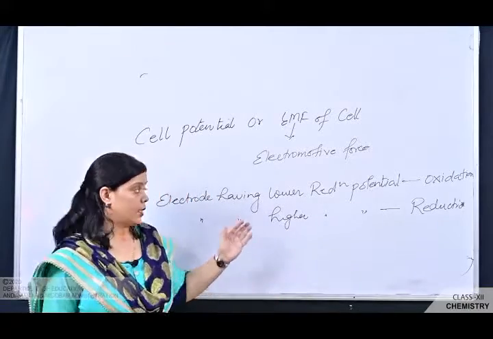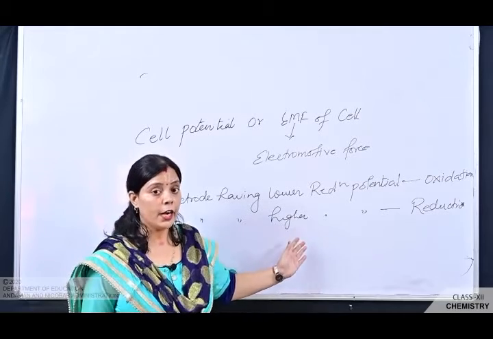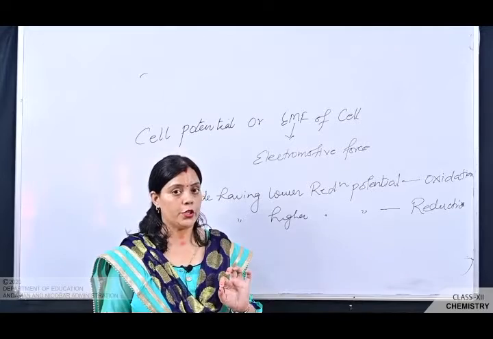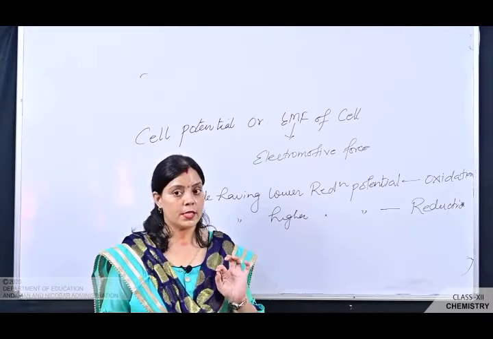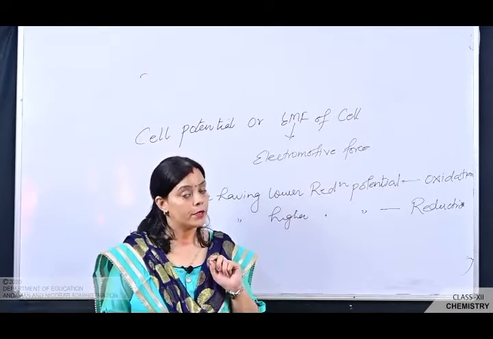In the case of an electrochemical cell, the two half cells have different electrode potentials, so the exact difference in the electrode potential of the two electrodes of the cell is termed the electromotive force or cell voltage.